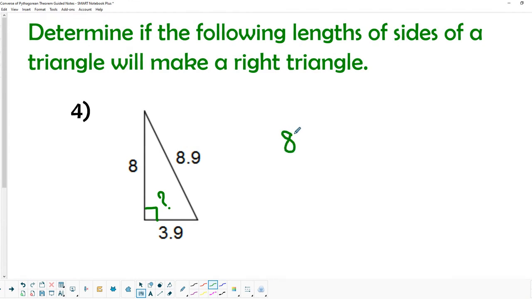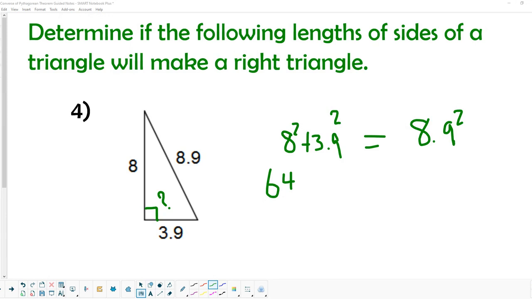So let's check. 8 squared plus 3.9 squared, is that equal to 8.9 squared? Well, 8 squared is 64. And then 3.9 squared is 15.21.